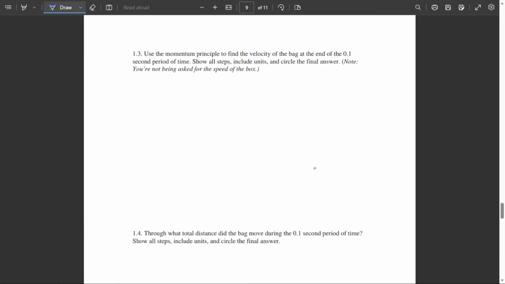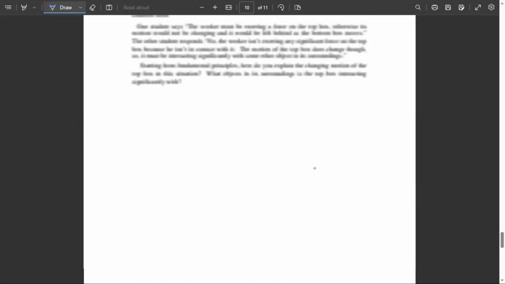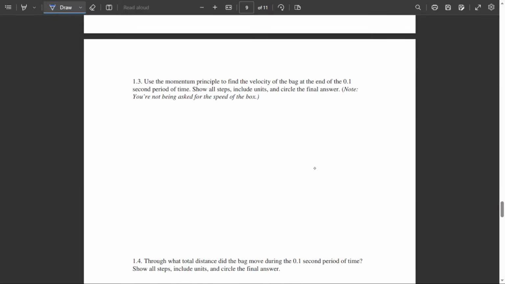Use the momentum principle to find the velocity of the bag at the end of the 0.1 second period of time. Show all steps, including units, and circle the final answer. So, want to find the velocity. If you remember, momentum can be used to find velocity, and we can relate momentum to force using the momentum principle, like it mentions.